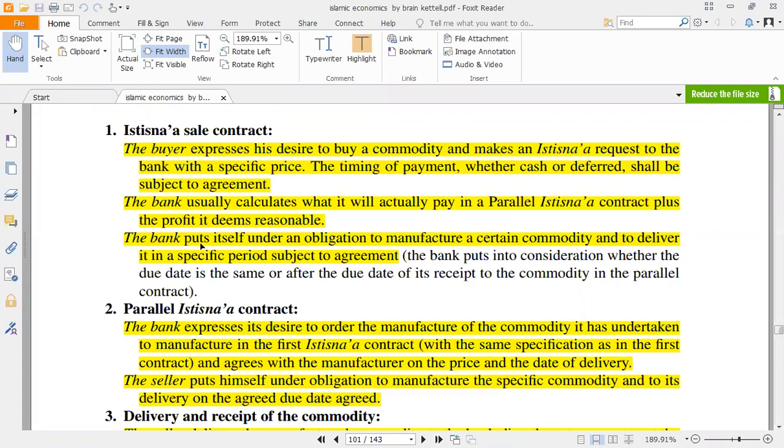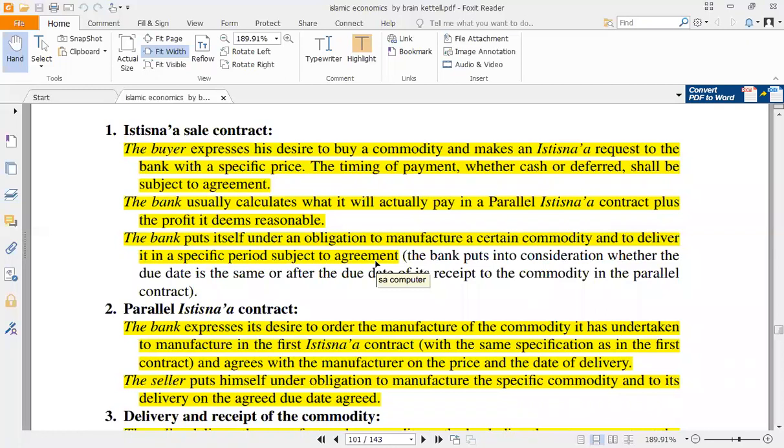Here the bank is responsible to manufacture a certain, specific commodity and deliver it in a specific period according to the agreement. So here the bank is responsible to manufacture a certain commodity item and deliver it to the customer over a specific time period. That is the sale contract.